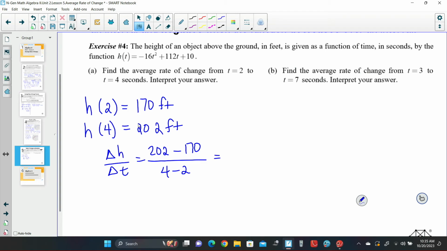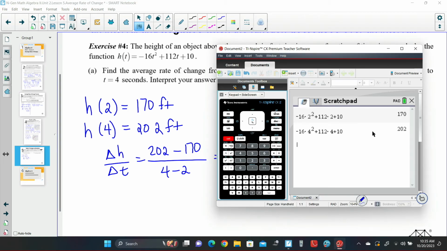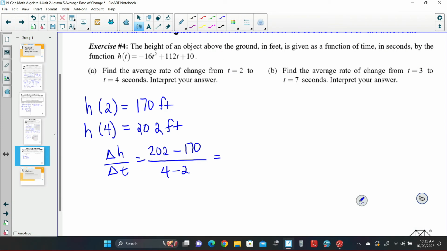All right. So that will be 202 minus 170 divided by 2, and that's 16. All right, 16 specifically feet per second.